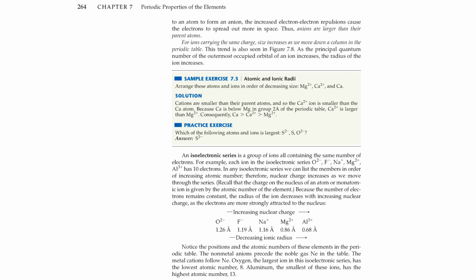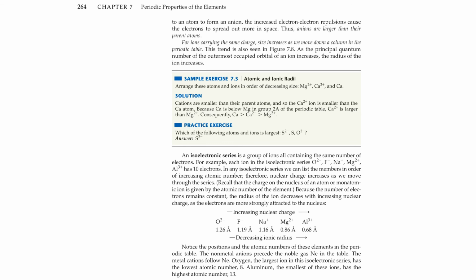Therefore, nuclear charge increases as we move through the series. Recall that the charge on the nucleus of an atom or a monatomic ion is given by the atomic number of the element. Because the number of electrons remains constant, the radius of the ion decreases with increasing nuclear charge, as the electrons are more strongly attracted to the nucleus.